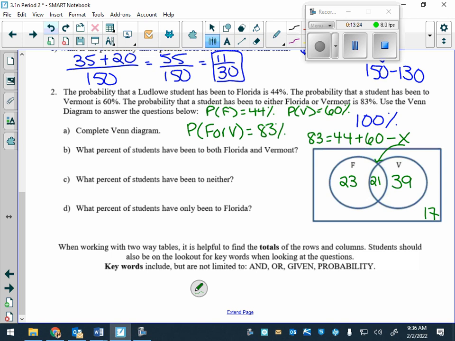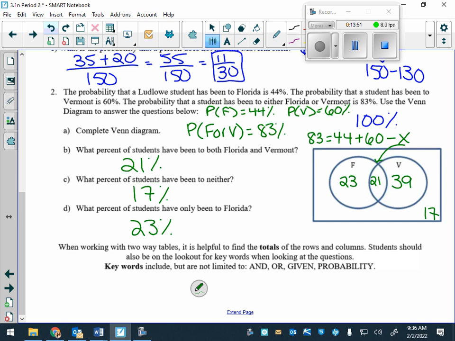We found that already, which is 21%. What percent of students have been to neither, which is 17. And then what percent of students have only been to Florida? Yeah, 23%.